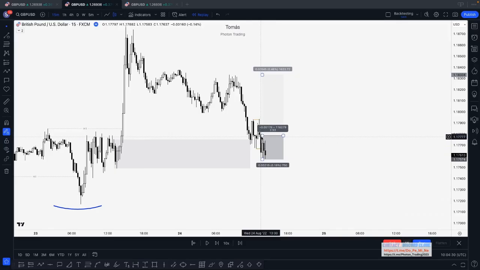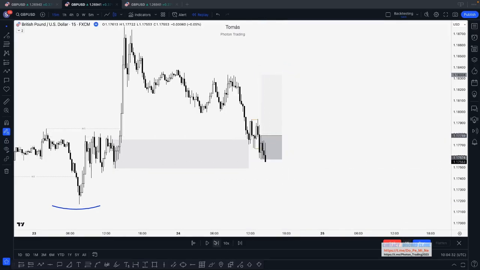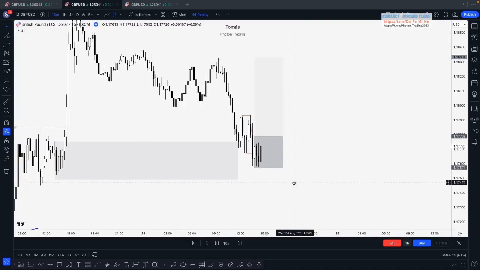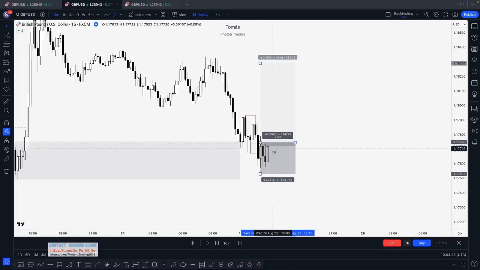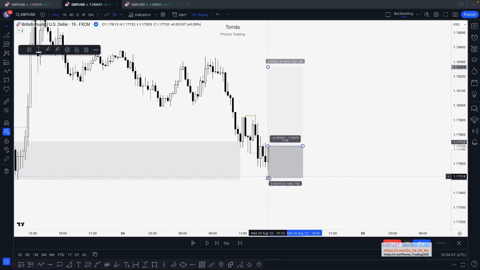Even though PBL held and formed a lower low, what I do, I still try to get involved. So basically, instead of having the entry here, because then this candle broke the low, the entry should be here for me.